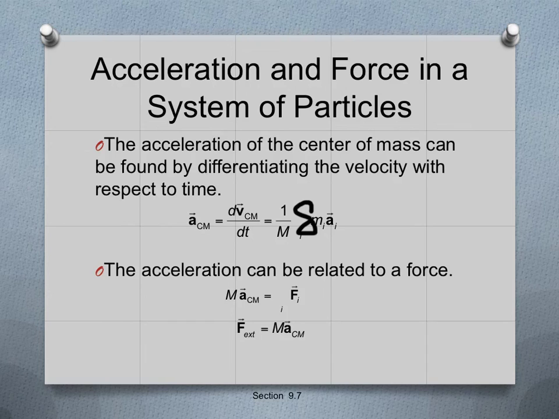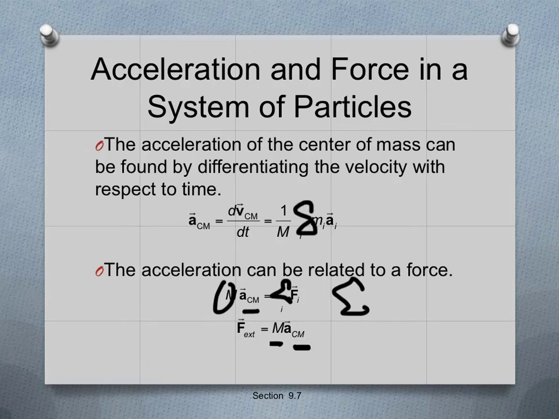If we take the total mass times the acceleration of the center of mass, that should equal my sum of forces. So if I have an external force present, the net external force will equal the total mass of the system, there's my capital M, multiplied by the acceleration of the center of mass.